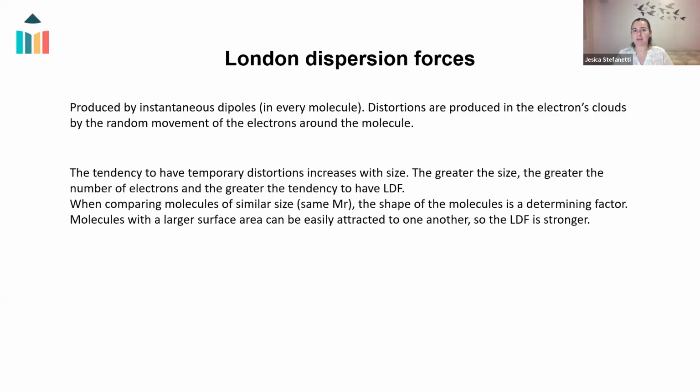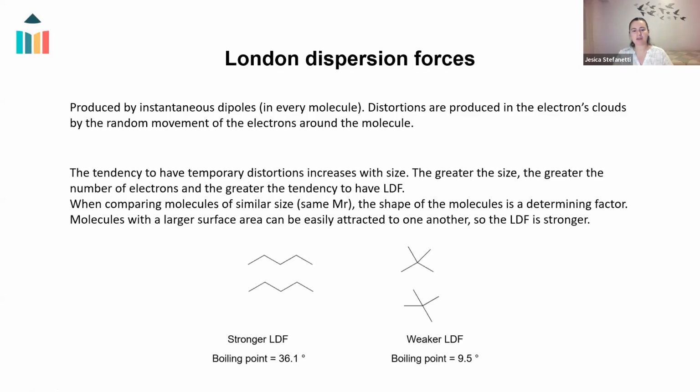And if we are comparing molecules of the same size, we should keep in mind that molecules with the same size might differ in the London dispersion forces due to their shape. Just to give you an example, both molecules here have the same molecular formula. Both of them are C5H12. These 2 are isomers. But if you just think about the arrangement they have, the one on the left is a straight chain, but the one on the right is not a straight chain.